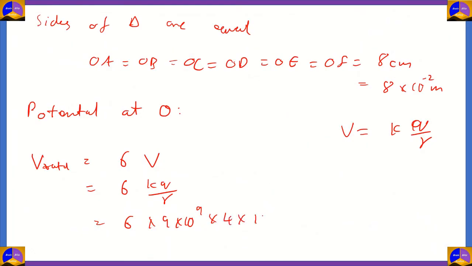So that is 4 into 10 raised to minus 6 divided by, next you will have the radius.